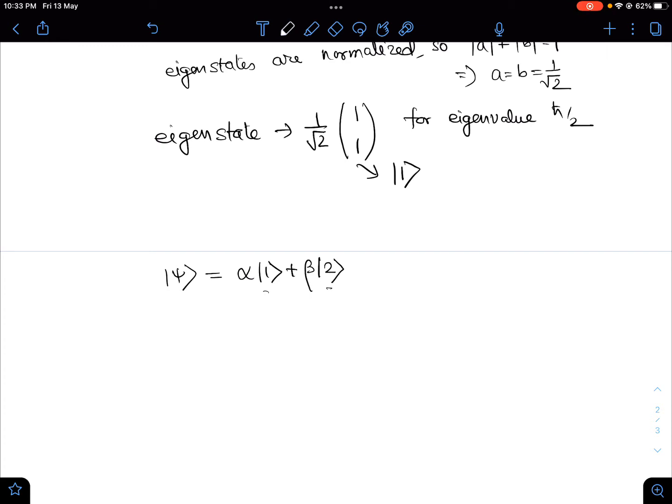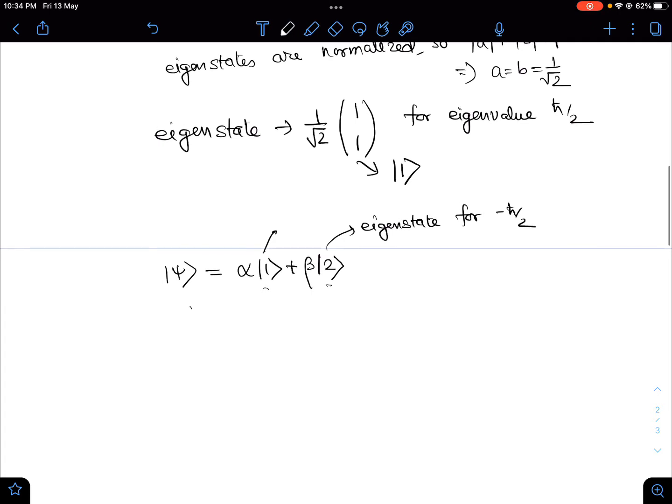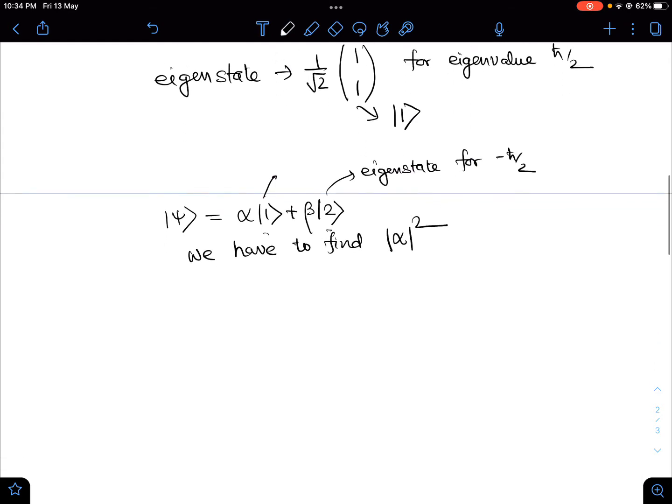So 1 is the eigenstate of h cut by 2, and 2 is the eigenstate for minus h cut by 2. So we have to find the probability of getting h cut by 2. That means we have to find mod square of alpha. So how can we do that?